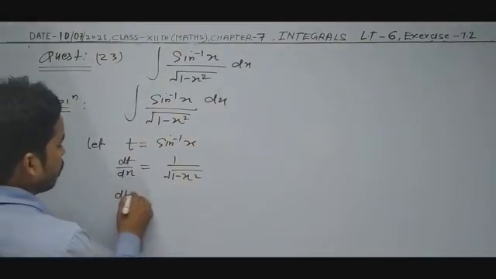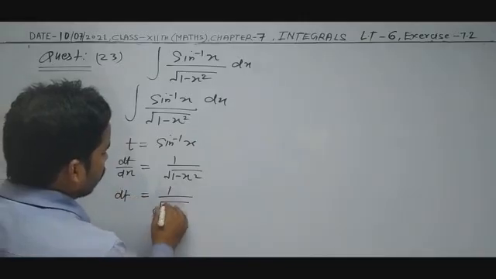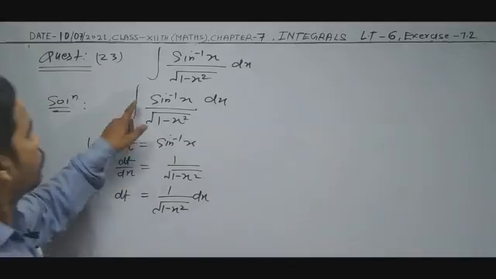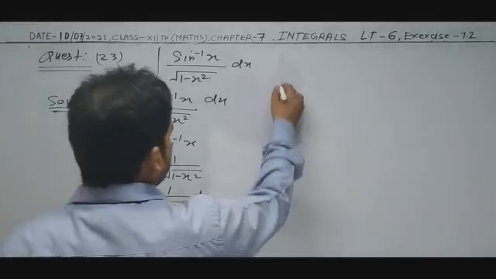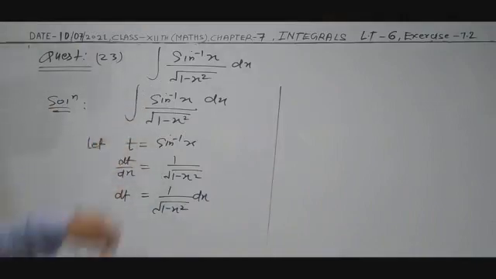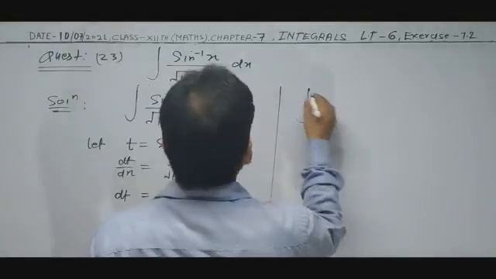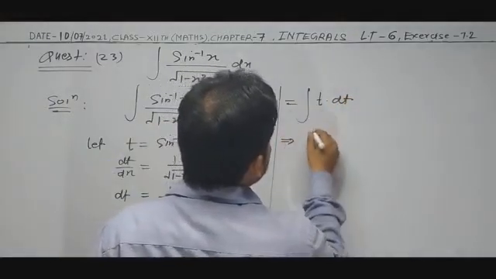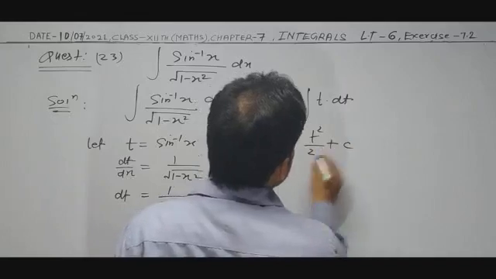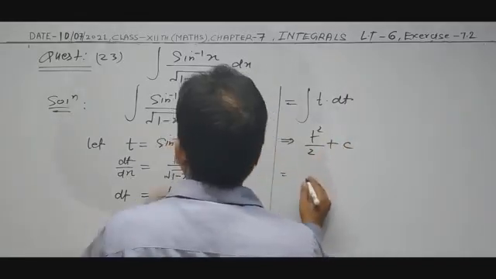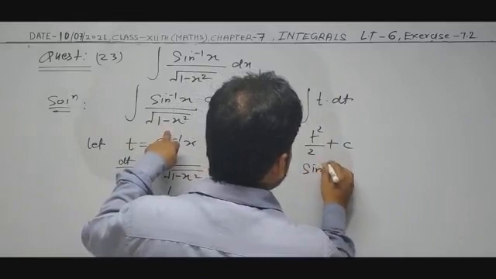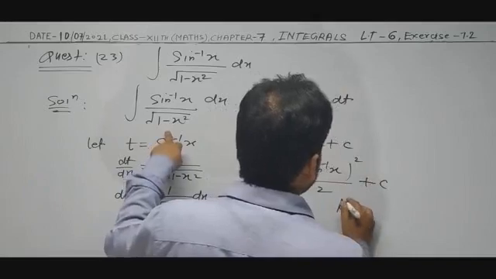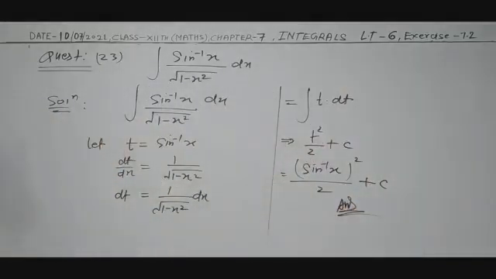Now dt can be written as 1 upon root over 1 minus x square dx. So 1 upon root over 1 minus x square dx converts into dt, and sine inverse x you can take as t. So this integration converts to t dt, and its integration will be t square by 2 plus c. Now t is sine inverse x, so (sine inverse x) whole power 2 whole upon 2 plus c. So this is the answer.